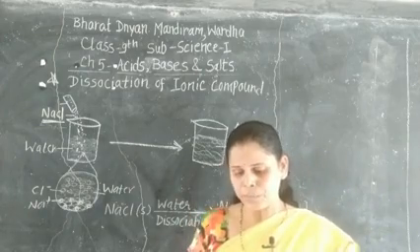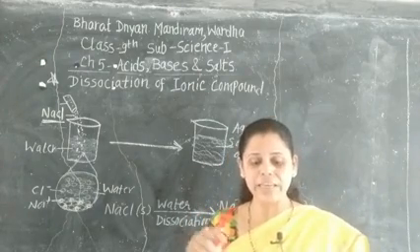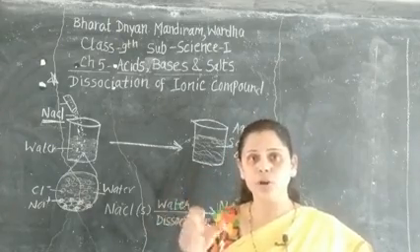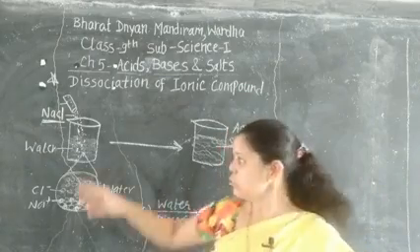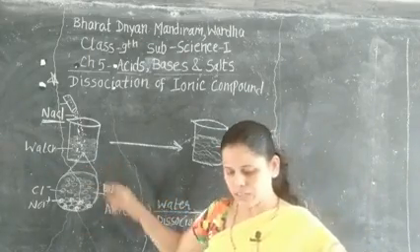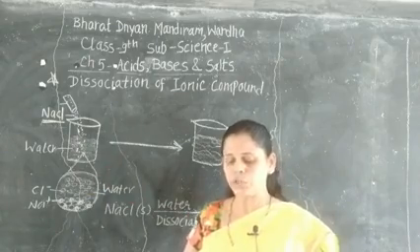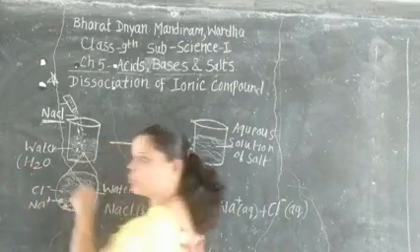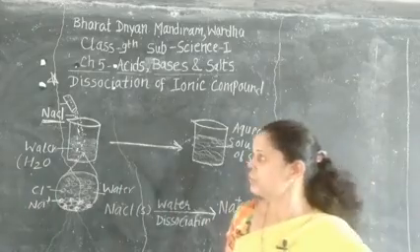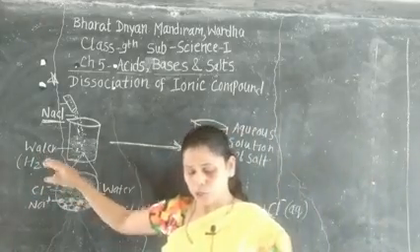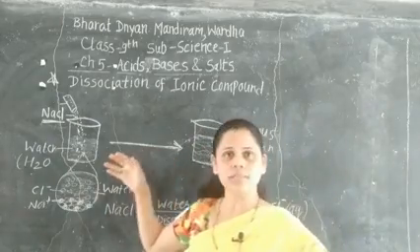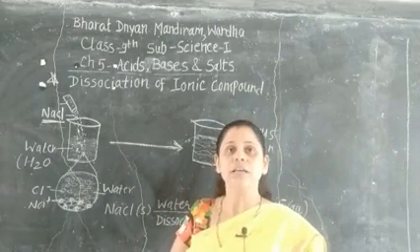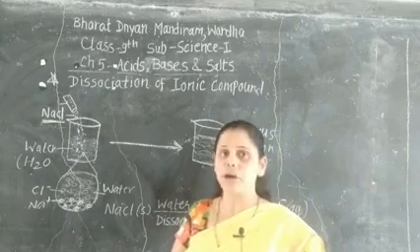When an ionic compound begins to dissolve in water, as we know salt or sugar dissolves in water completely, the water molecules, H2O, the molecular formula of water, push themselves in between the ions of the compound.